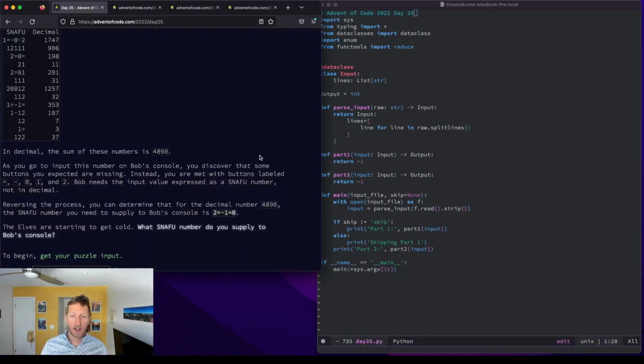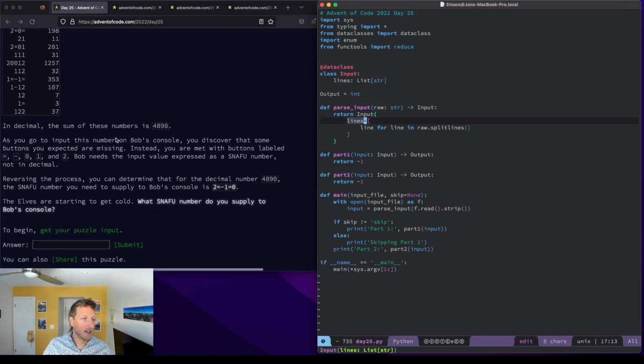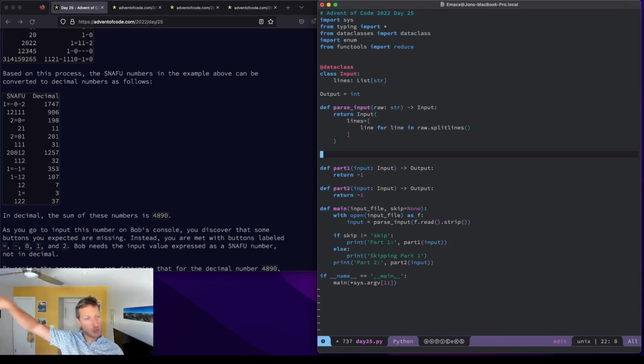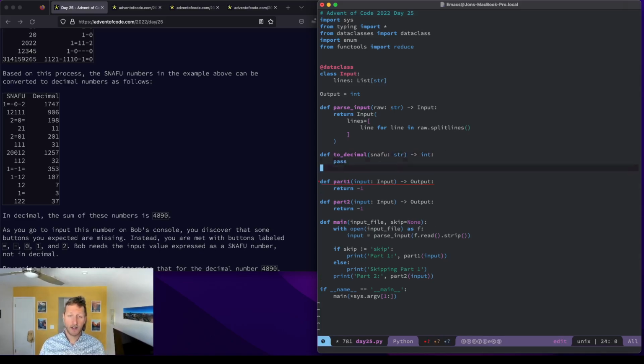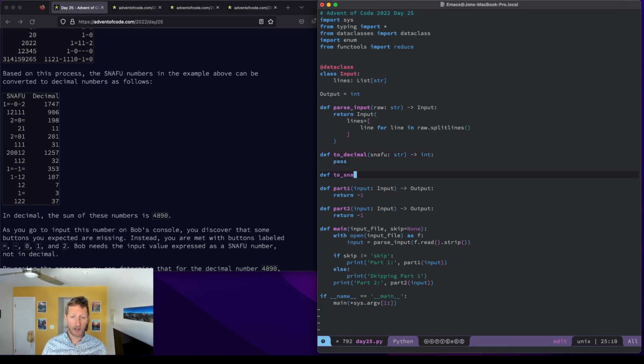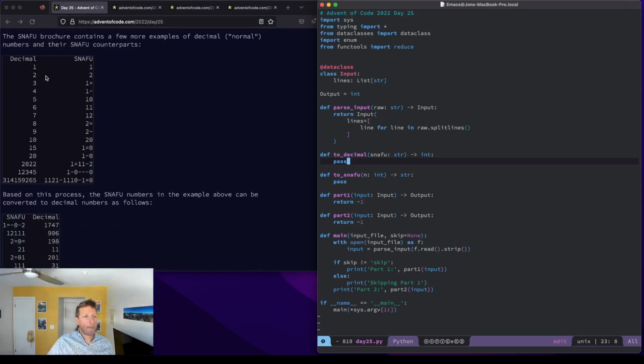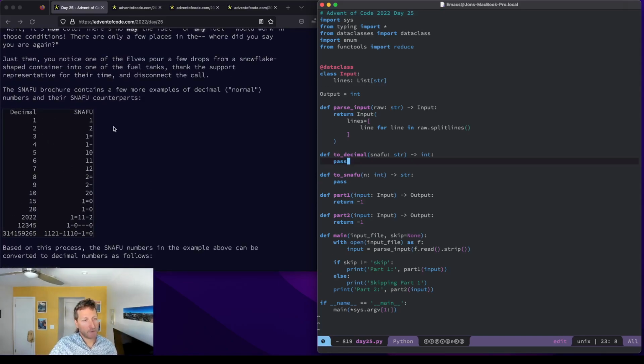All right, so we just want each of the lines as numbers. So we already got our lines as numbers, awesome. And then we just need to do a convert. So we just need to convert to SNAFU and from SNAFU to decimal. We need to make a snafu to int and an int to snafu function. Cool.